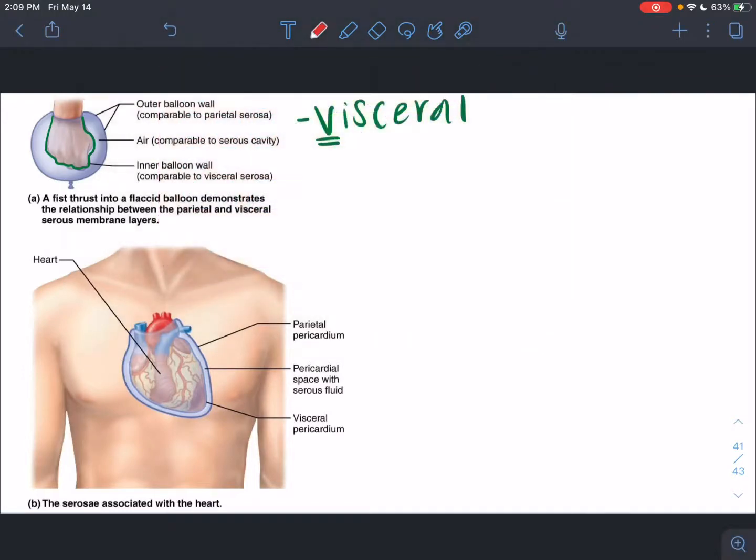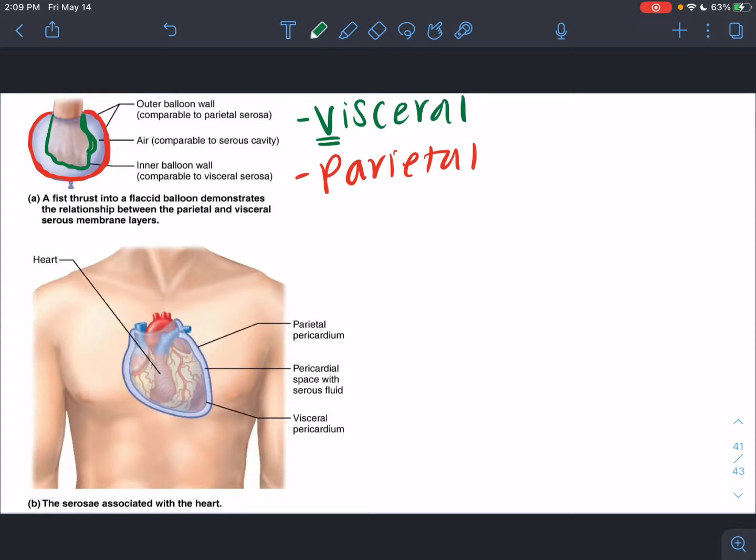The other layer of the membrane, this balloon, is the balloon that's not touching your hand, right? That's going to be called your parietal. The parietal is what's going to be lining the cavity, whereas your visceral is what's going to be touching your organ. So, visceral very close, parietal further away.